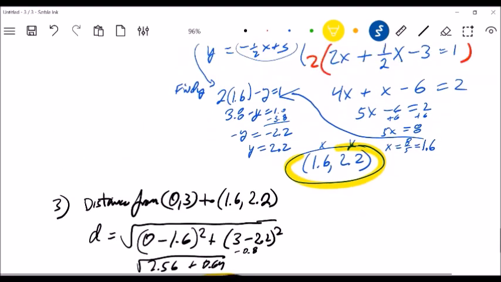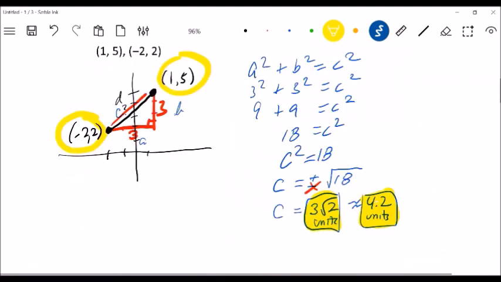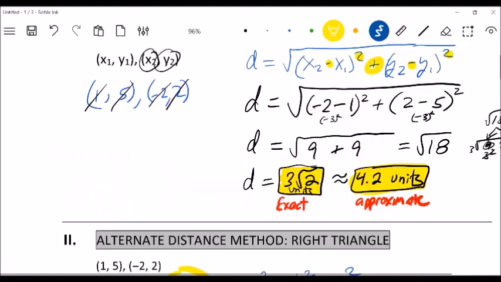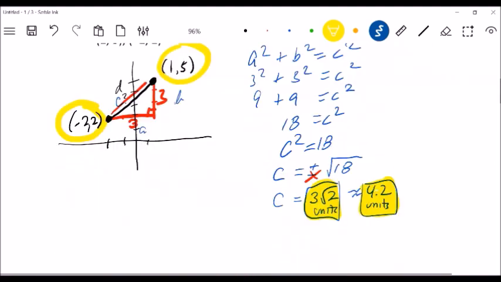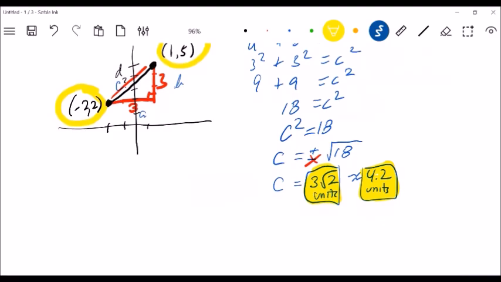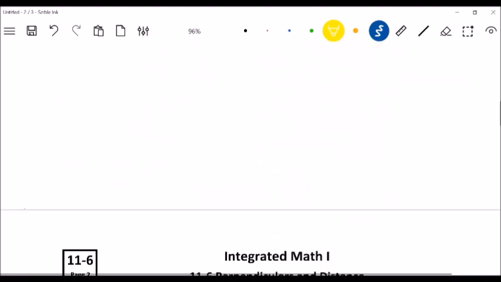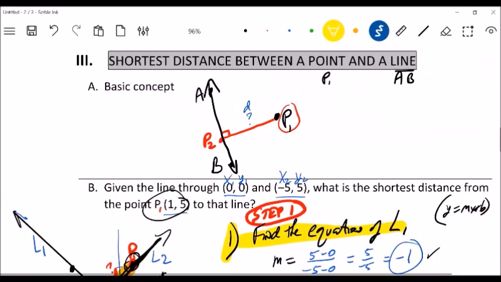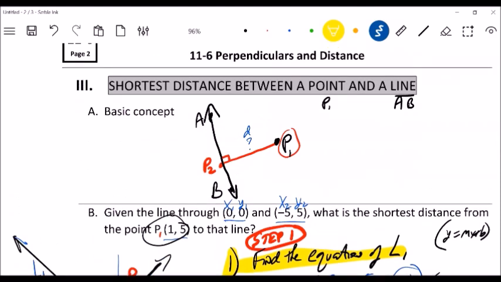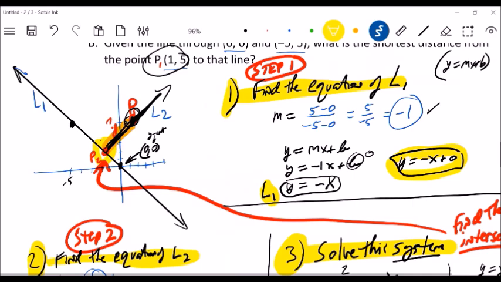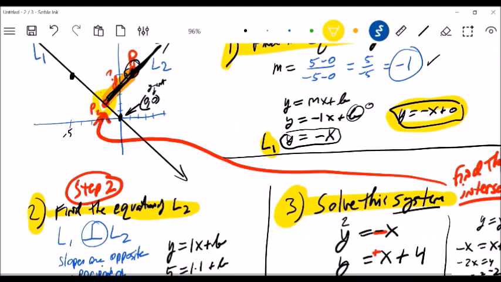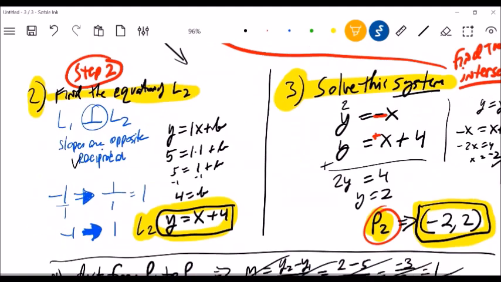So let's review all of this here. Okay. First, the distance formula, and you can do it if you have a graph. You could use a right triangle to figure it out instead. The shortest distance between a point is a perpendicular line, and that means we needed to find the equation of the perpendicular line, and then using the two lines to get the points, which we did here in this problem.